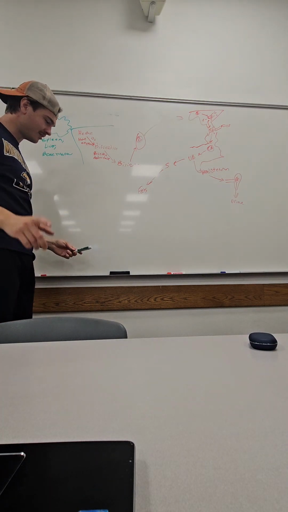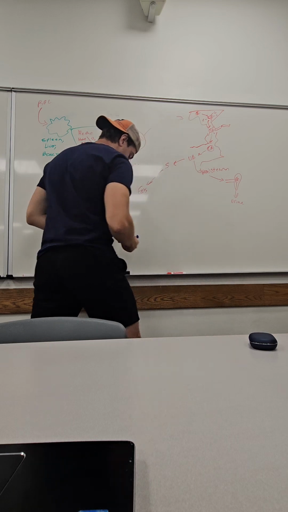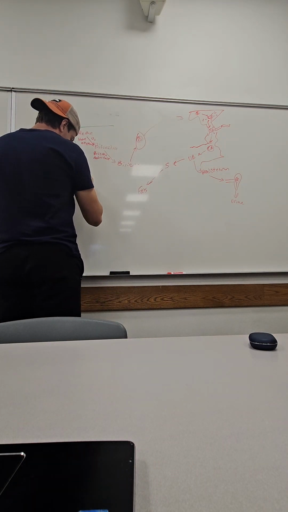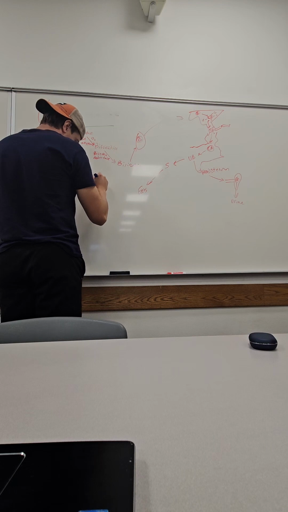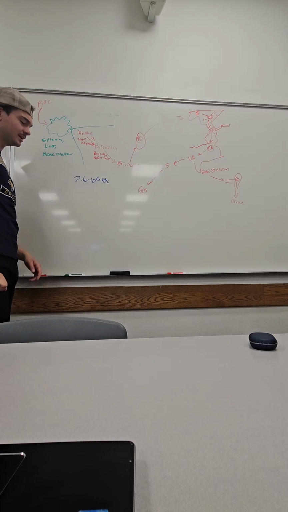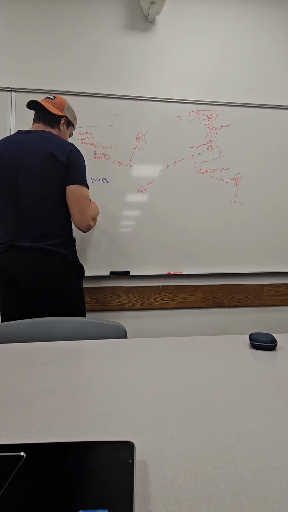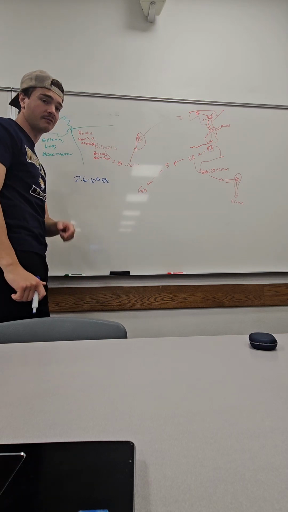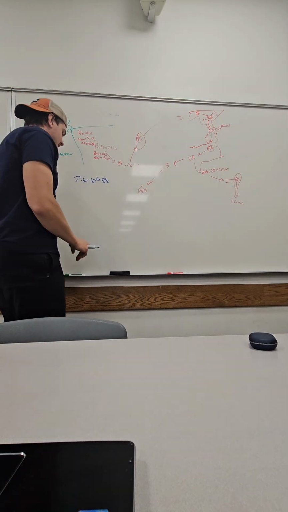Did you know, I'll whip this fact out, that our body breaks down 2.6 times 10 to the 6 RBCs per second. That means every second we break down this many red blood cells because each one contains 250 million heme groups to carry oxygen.